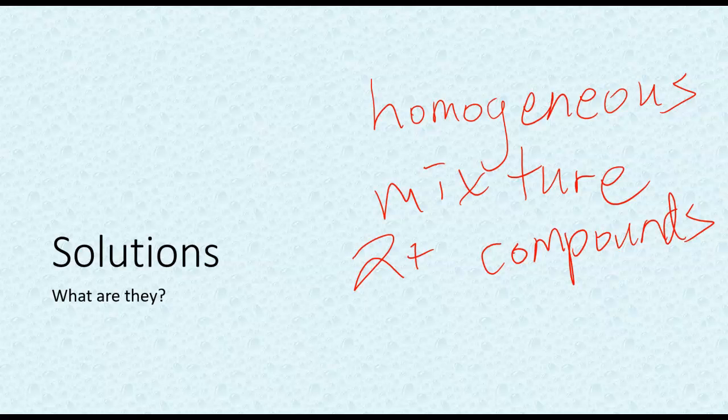These are distinct substances that are mixed together, and they're mixed homogeneously. So what that means is that it is a consistent mixture throughout. So you can think about this as like salt water or sugar water or most beverages. And so there's a lot of different substances that we come across that are homogeneous mixtures.